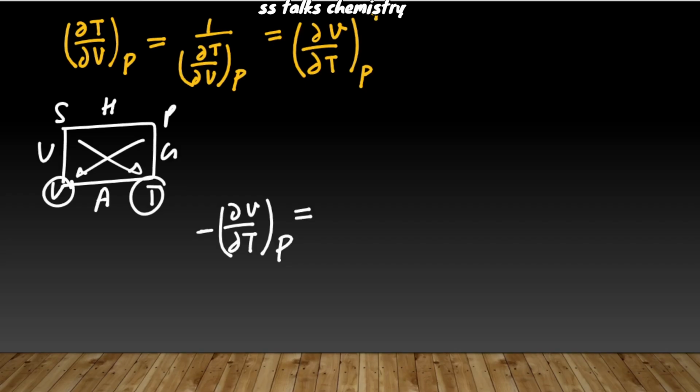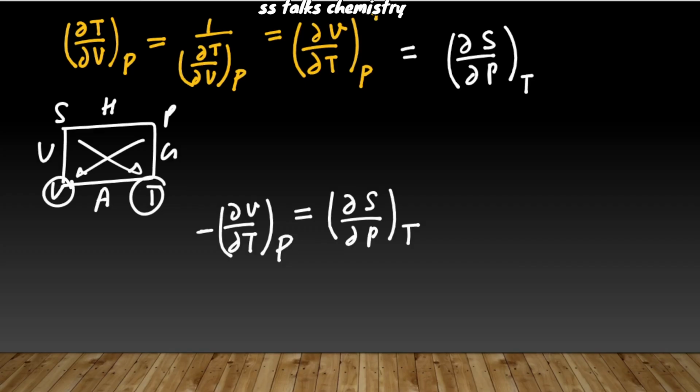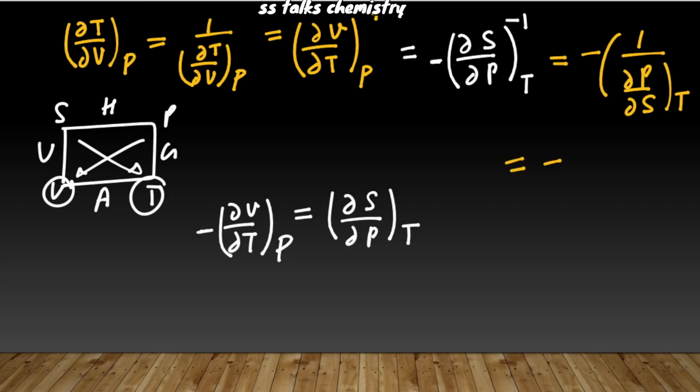This is equal to minus del S upon del P at constant temperature. The inverse remains as it is, so this equals minus of 1 upon del P by del S at constant temperature.